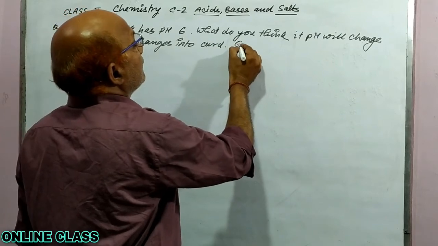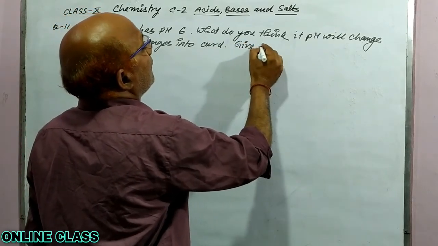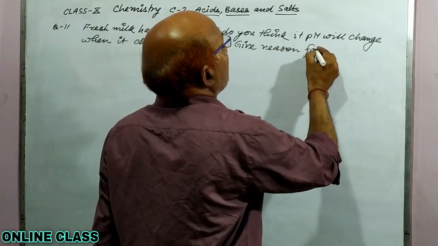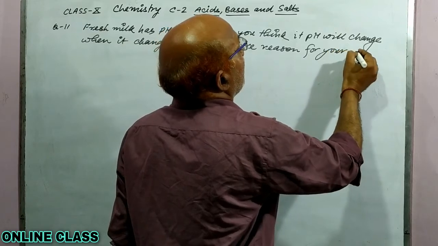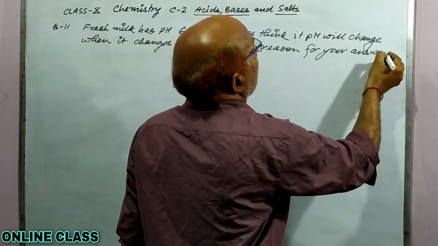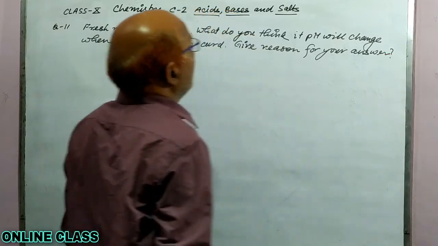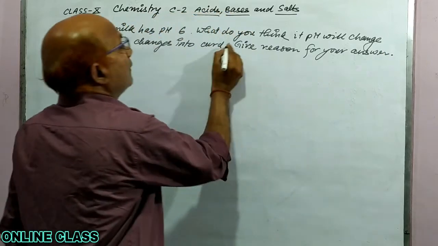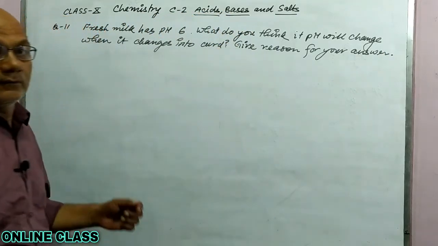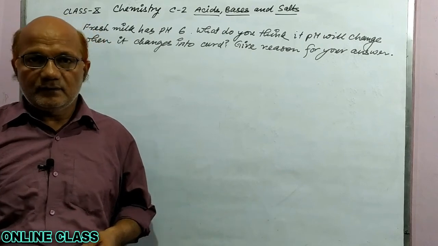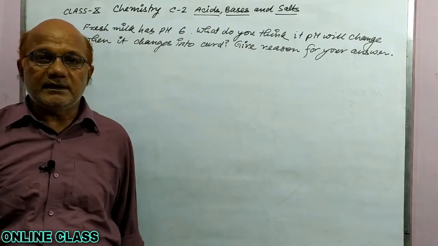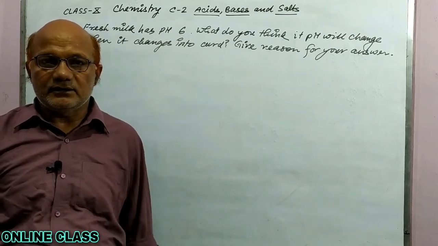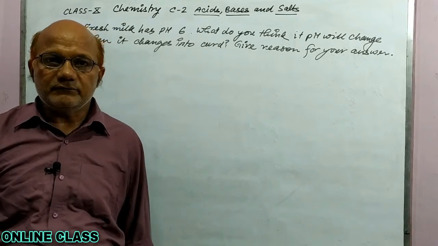Give reason for your answer. This is the complete question. If fresh milk has pH value 6, what do you think its pH will change when it turns into curd? Give reason for your answer.